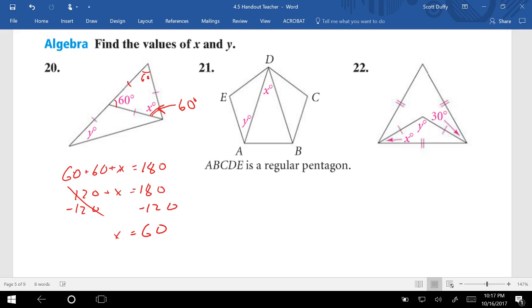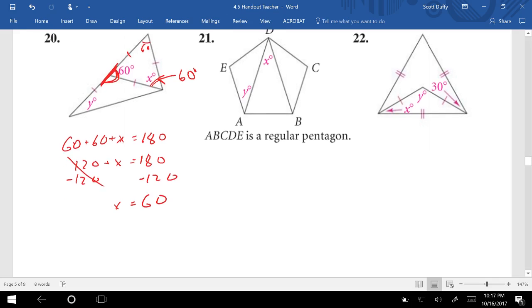Alright, going from there. If I know that this angle is 60, can I figure out this angle? Yeah, because they're a linear pair. So they have to add up to be 180 degrees. So I'll just call this z right there. I know 60 plus z equals 180.